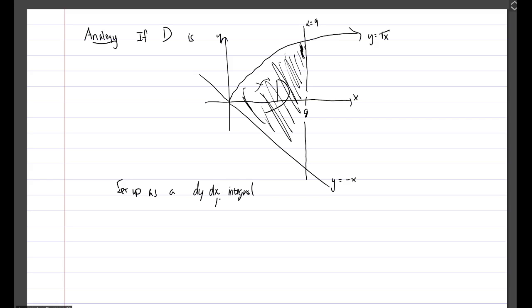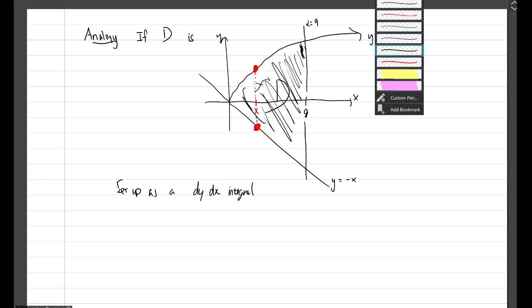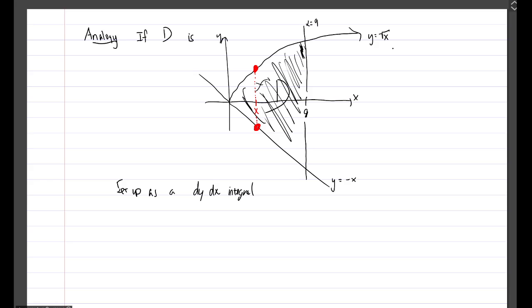This is ideal, because for a typical x value, the upper y value is always given by the same function, root x, and the lower y value is always given by the same function, negative x. You could set this up as a dx dy instead, but that would require setting up several double integrals. So this is going to be easiest.